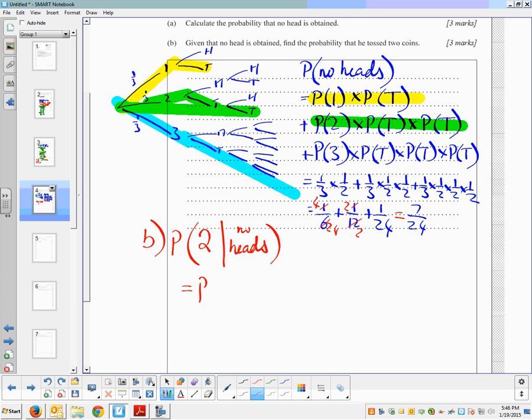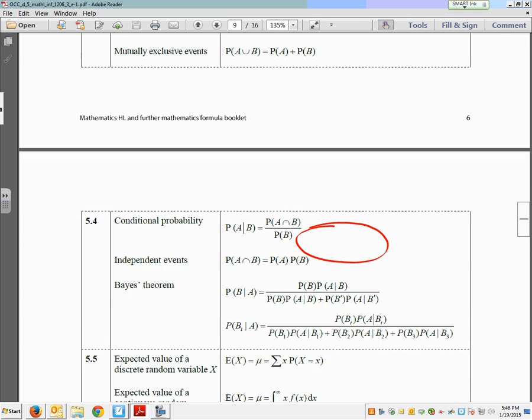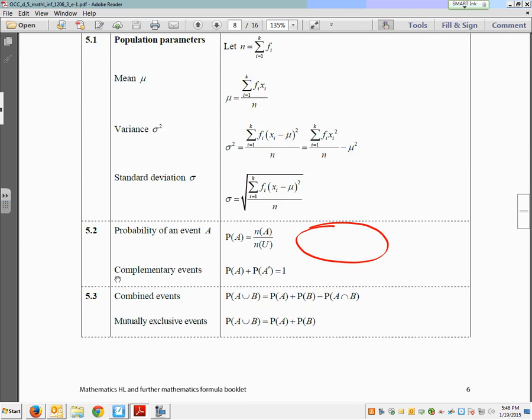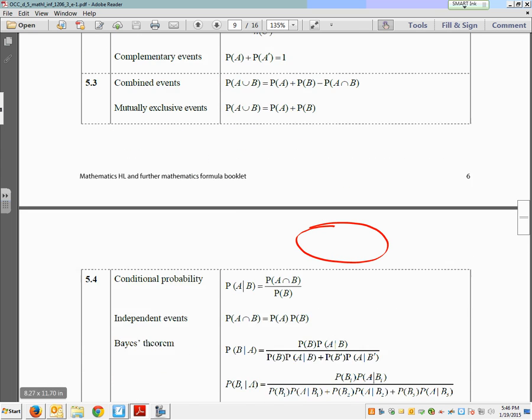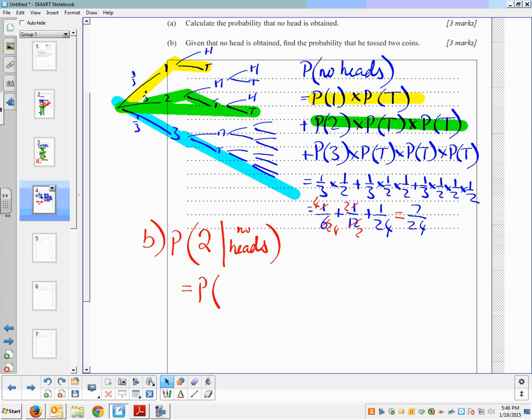We calculate this using, again, you can find this formula in the formula booklets under probability. Probability of A given B, there it is. Conditional probability: probability of A and B divided by the probability of B.